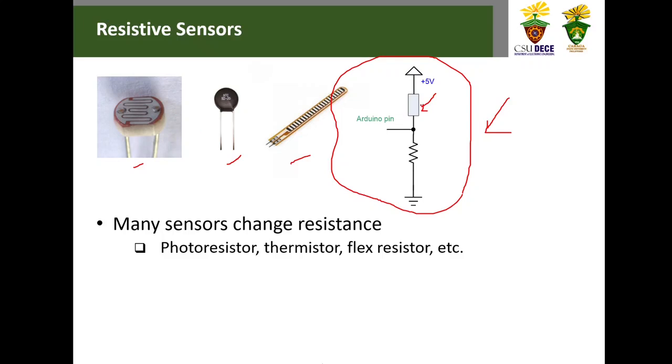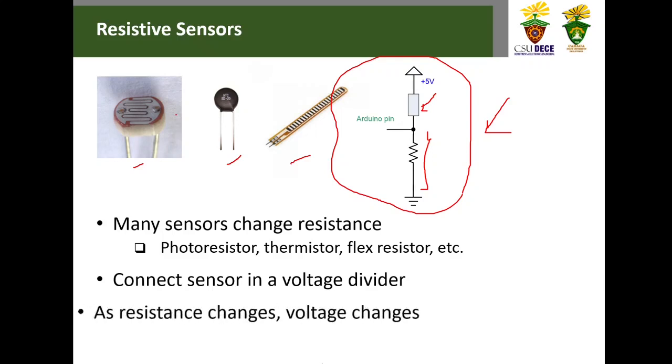Accordingly, if our resistance changes, the voltage measured here, which is connected to our Arduino pin, also changes. With that, we can measure how bright it is, how hot it is, warm or cold, and how it bends. So that is how we connect these different resistive sensors.